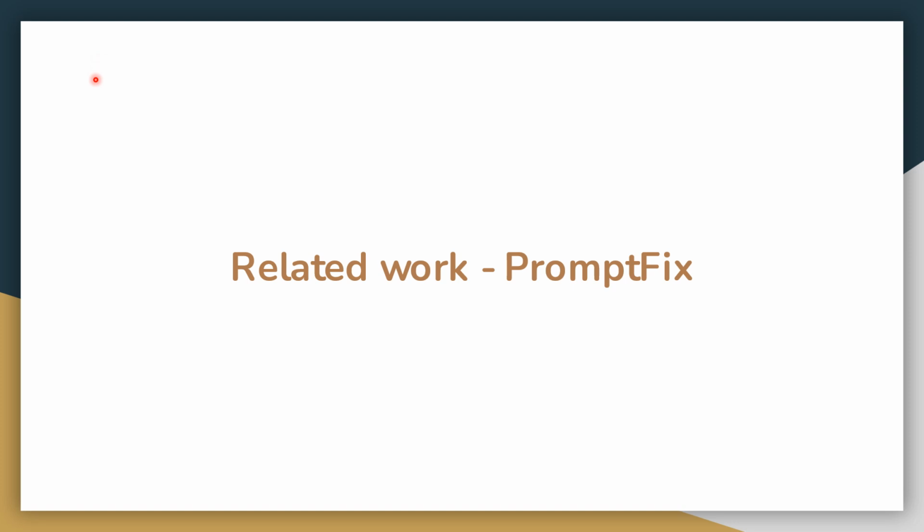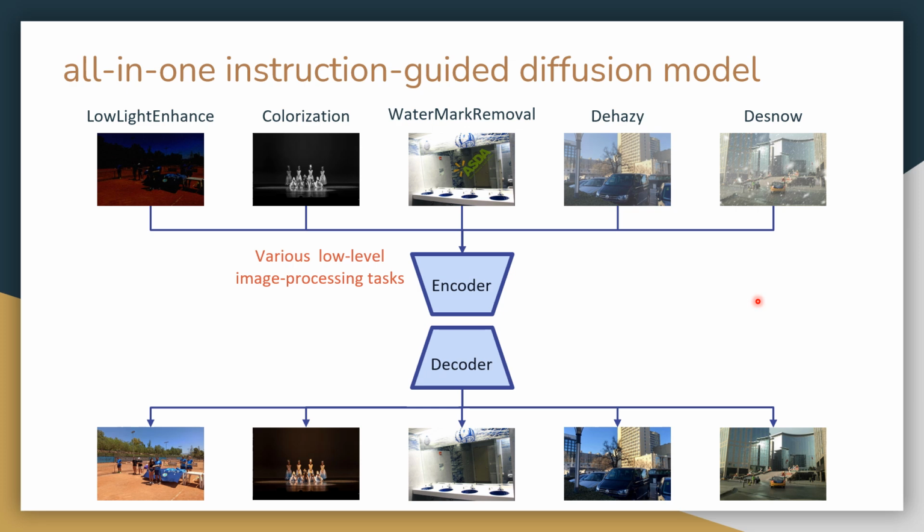Before introducing our method, we are going to mention our baseline, PromptFix, first. The task PromptFix addresses is all-in-one image restoration. The main goal of image restoration is to utilize deep learning methods to restore a degraded image into an undamaged one.